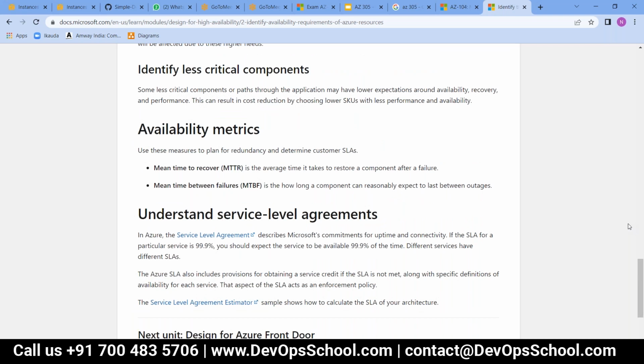MTTR is recovery: when you fail, how much time you are going to take to recover. The second is how many times you failed and the time duration between those failures, the average. So MTTR is related to recovery from failure, and MTBF is related to measuring the time frame between your failures. That means the time frame in which you are completely up and running.